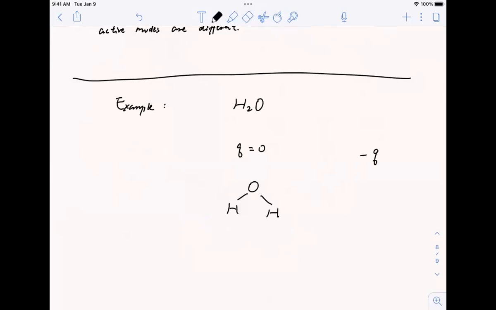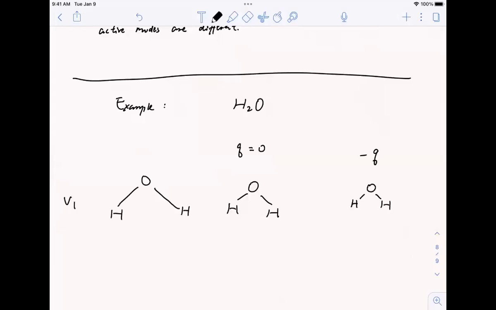So the first mode is mode 1. Mode 1 is a stretching mode. It's like this stretching mode. So this one will go like this. It's a stretching mode.